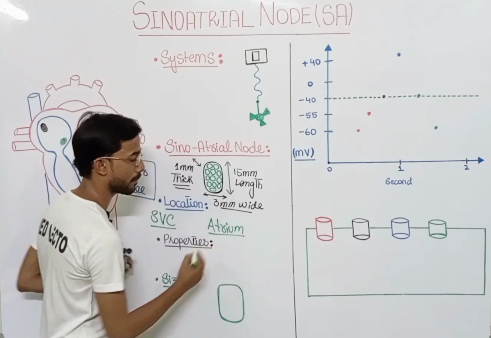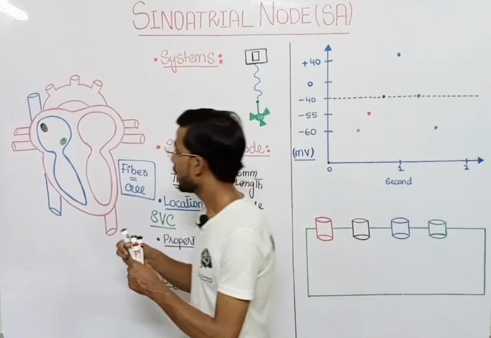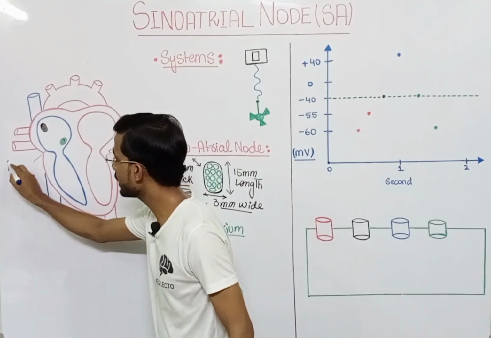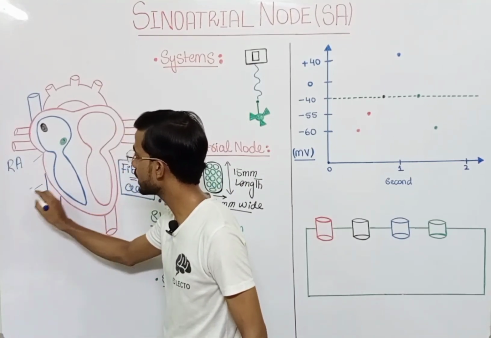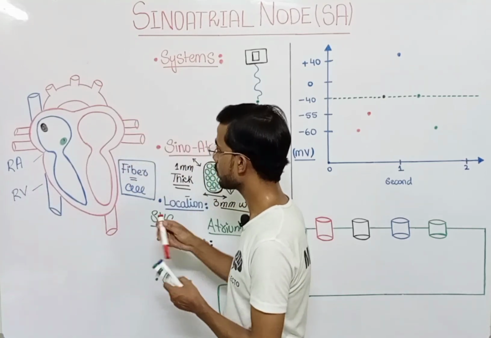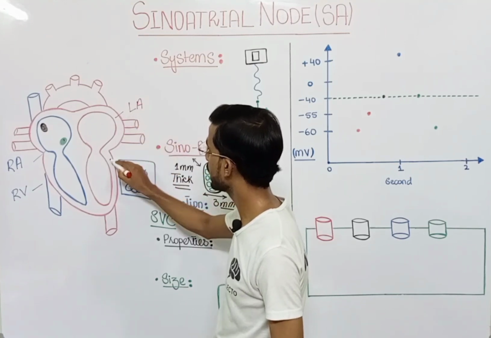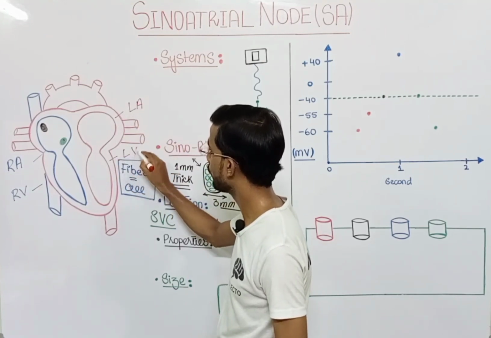Okay, that's very much important. So here is basically the right atrium and here is the right ventricle. Opposite to that, here is the left atrium and here is the left ventricle.